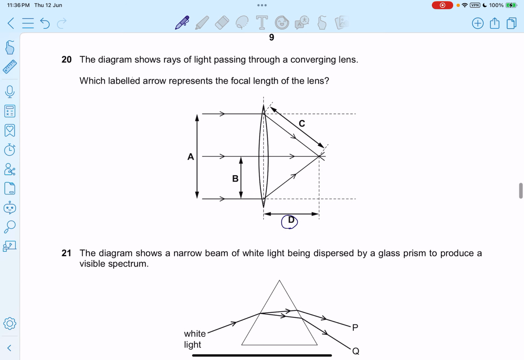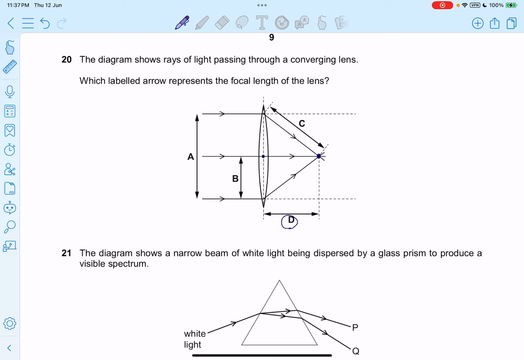20, the diagram shows rays of light passing through a converging lens. Which labeled arrow represents the focal length of the lens? So the focal length is like the total length from the center to the converging point of the converging lens.